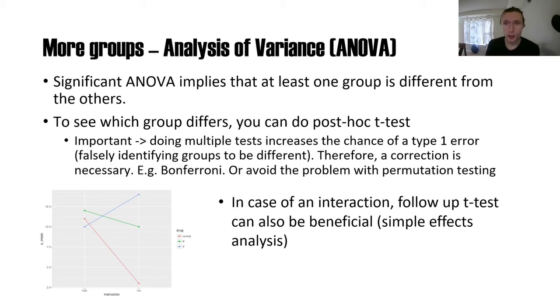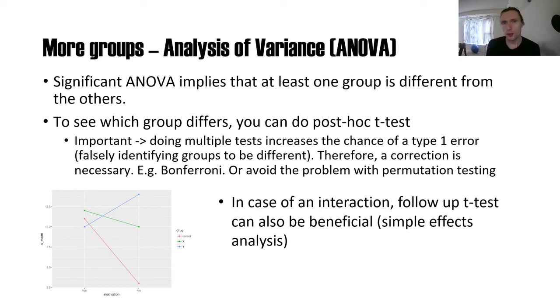That means that the chances that we would observe this just purely on chance is 5%. A different term for that is a type 1 error. So the type 1 error is the chance of you observing something on chance while there is no actual difference. So type 1 error is basically just another word for the significance level that you choose. And if you choose 0.05, then your type 1 error is 0.05.